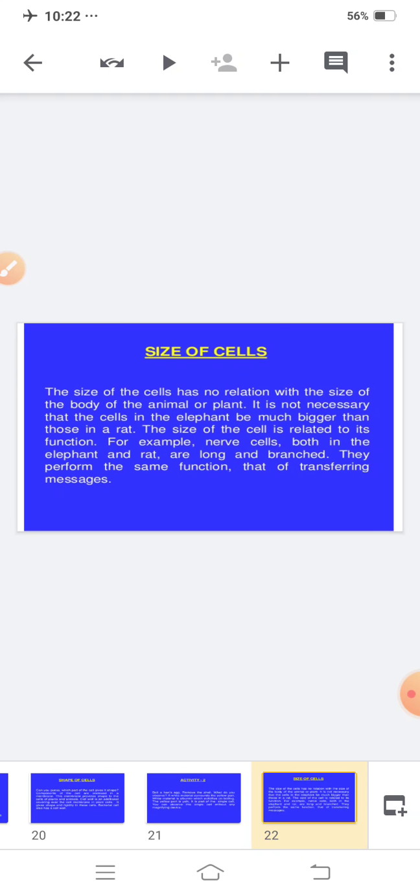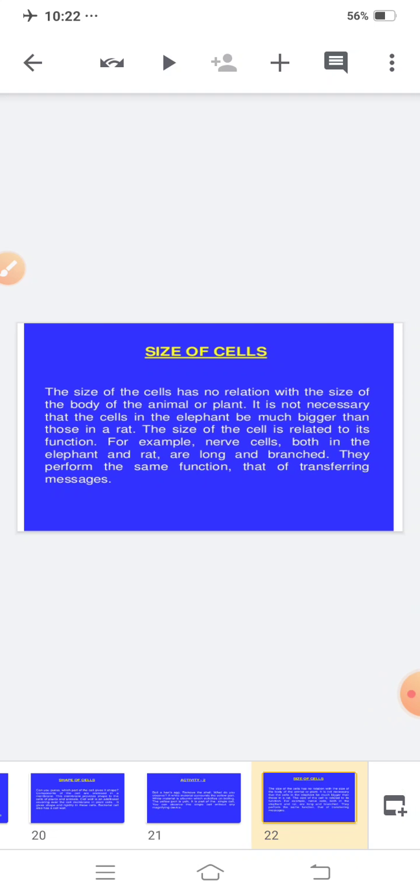Now, on the basis of size of cells, the size of the cells has no relation to the size of the body of the animal or plant. It is not necessary that the cells in an elephant be much bigger than those in a rat. The size of a cell is related to its function.